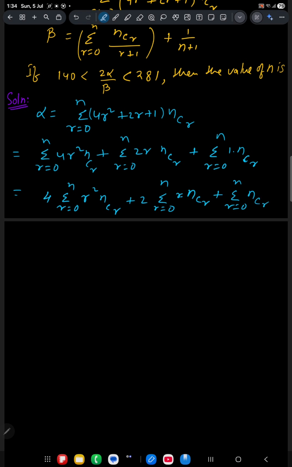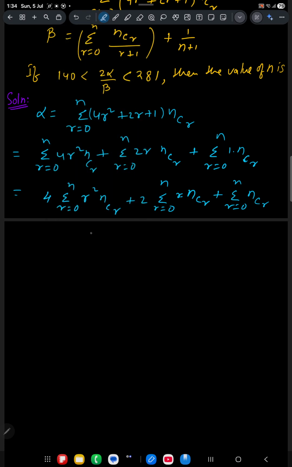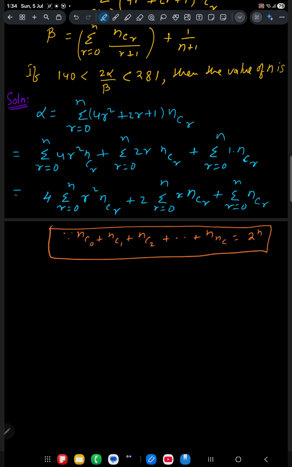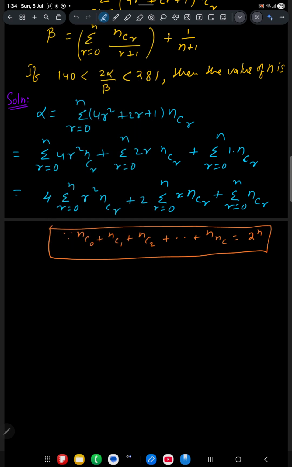Okay, now you know this formula: nC0 plus nC1 plus nC2 plus dash dash dash nCn equal to 2 power n. This is the expansion of (1 plus x) power n, putting x equal to 1, we get this. We will use this information over here. So let us proceed further.